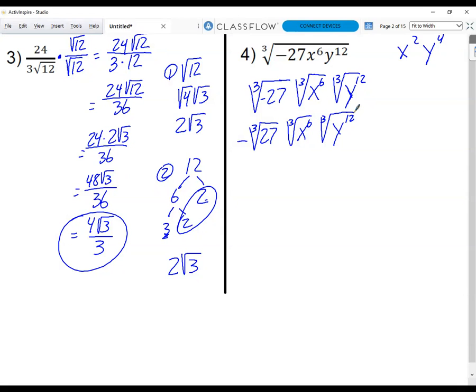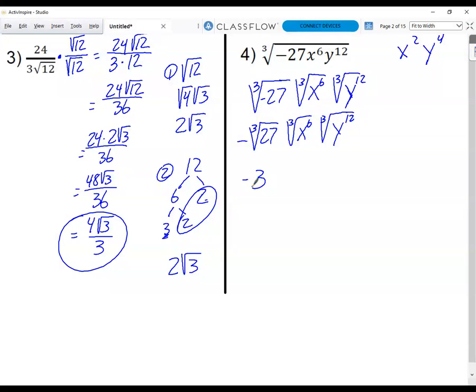If you pull out your calculator and go to math, and then number 4 is cubed root, put in negative 27, close the parentheses, it's going to tell you it's negative 3. You can use calculators. I encourage you to use calculators. Really learn how that works. So the cube root of negative 27 is going to be negative 3.